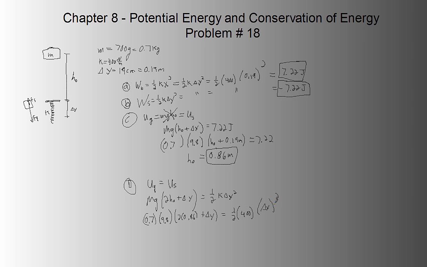Ew, quadratic. So use the quadratic formula to solve for y, and you should get delta y equals 0.261 meters. You'll get a negative answer too, but that doesn't make any sense, so we'll just pick the positive one. There are 2 roots, 2 answers for this, and there you go.